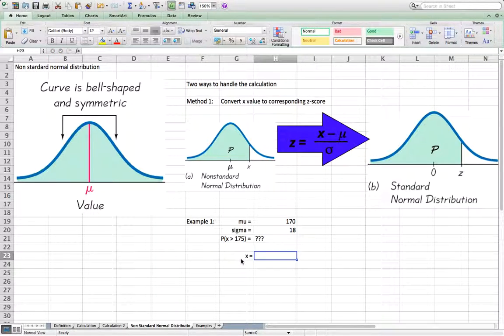x equals 175. Then what is mu? Mu equals 170. What is sigma? Sigma is 18. So what is z?